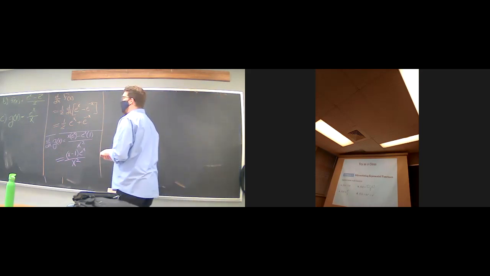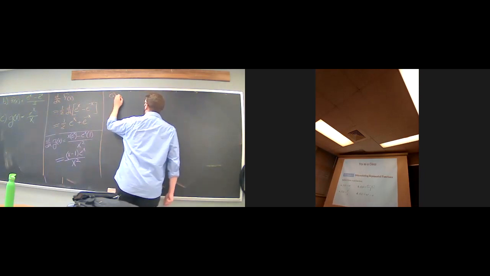The way we're going to go about A is just going to apply the product rule, right? You're going to take the derivative of one multiplied by the other, plus the one times the derivative of the other, right? Pretty straightforward.